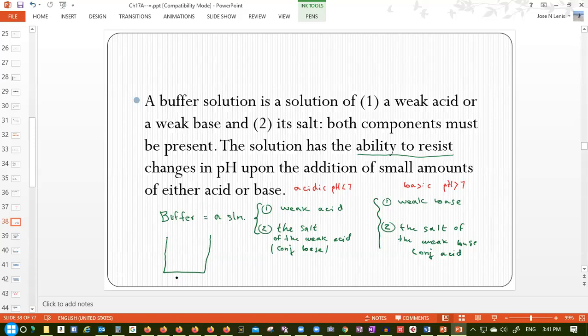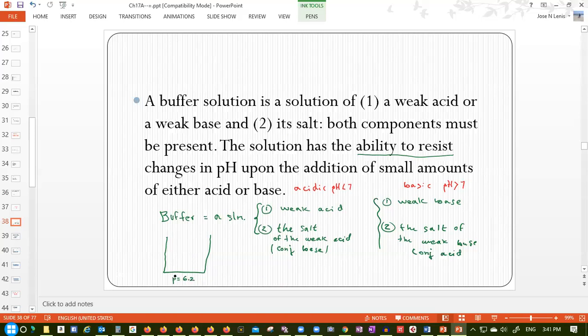So the protocol says grow your cells in a pH, let's say, maybe I'm just going to throw a number there, 6.2.